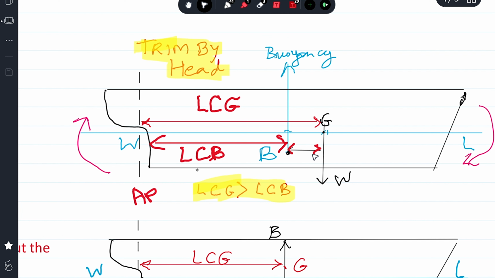If the ship trims by head, the underwater volume in the forward direction will be more, and obviously the center of buoyancy, being the center of gravity of underwater volume, will shift forward. The ship will continue to trim until the center of buoyancy comes directly under the center of gravity, and this trimming lever BG will disappear, and the ship will then be in equilibrium.